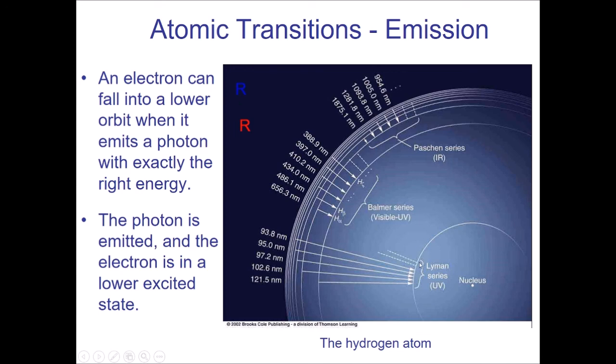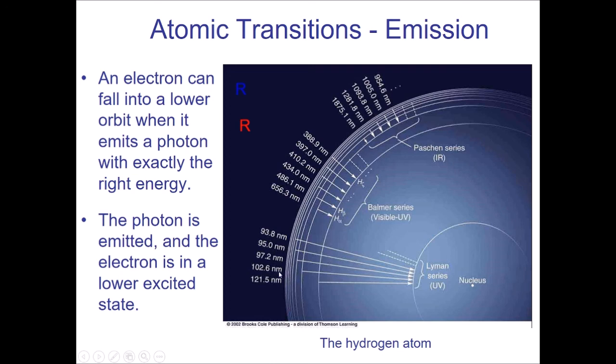Now, when an electron gets kicked to a higher level, I mentioned that photon from 1 to 3, right? The photon from 1 to 3 is this 102.6 number. The photon from 1 to 2 is 121.5. So bigger wavelength, less energy. Now let's say the electron gets kicked to level 3 from level 1.